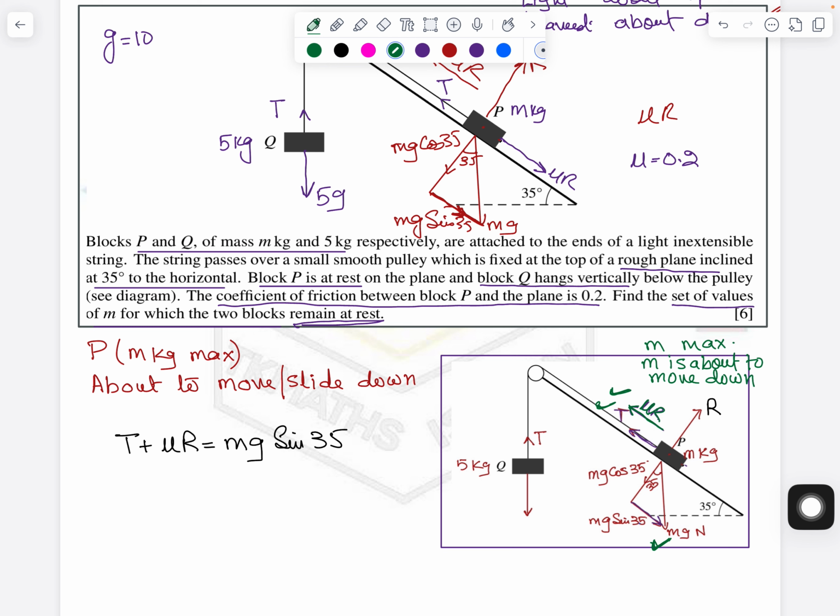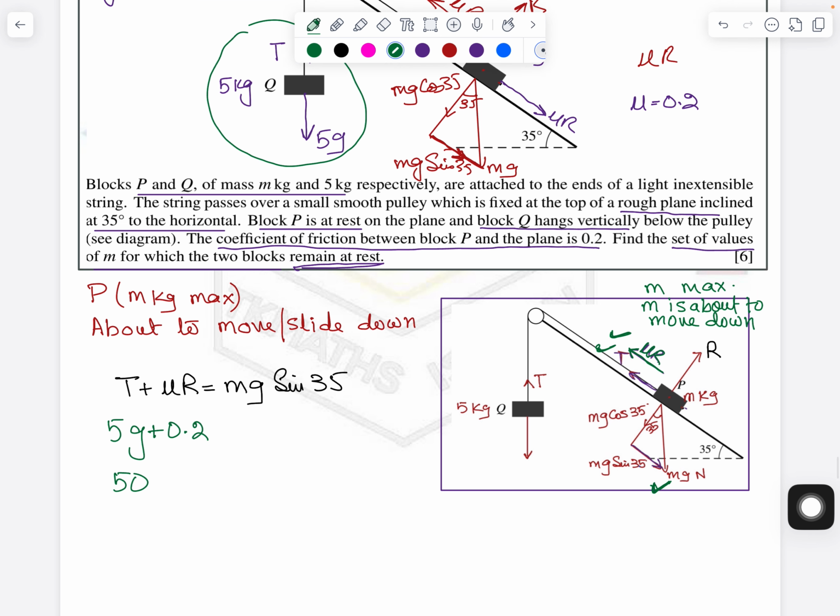Now we have to substitute the values. If you look at Q, T is equal to 5g, and g is 10, so it will be 50. Mu is 0.2. Now what is R? R is the force perpendicular to the plane, and the only force perpendicular to the plane is mg cos 35. So I will write here mg cos 35, and this will remain the same.